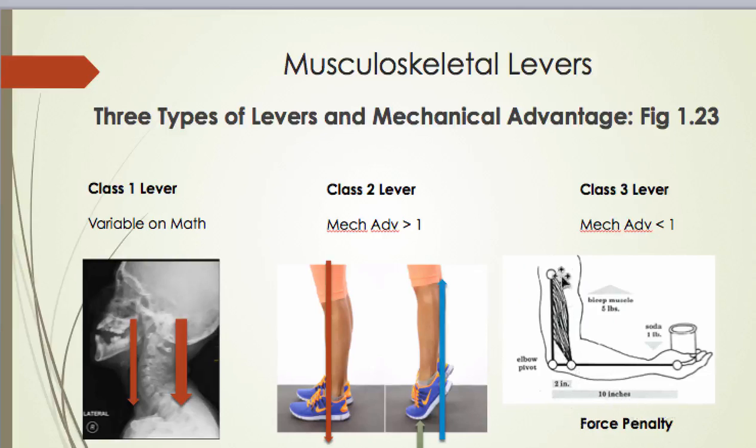And that's going to produce a joint reaction force coming down like this into the elbow joint. And that's why we need all the good protective stuff within our joints, because most of our joints are class 3 levers, and there's a force penalty which requires us to create a fair amount of internal joint reaction force to produce a relatively simple activity.